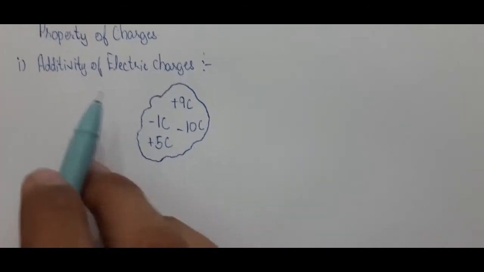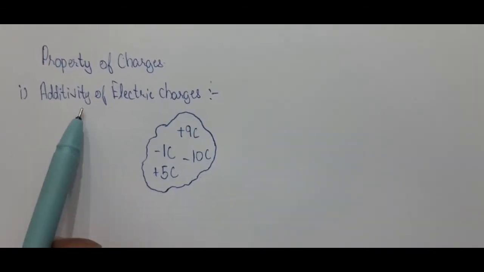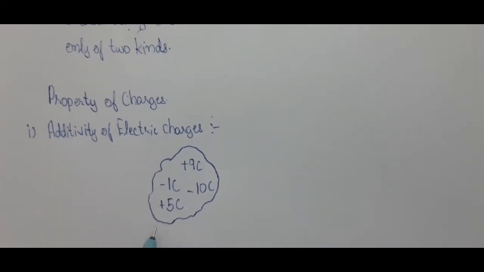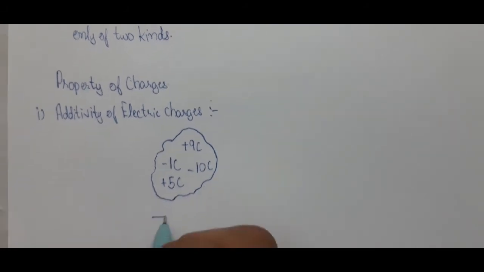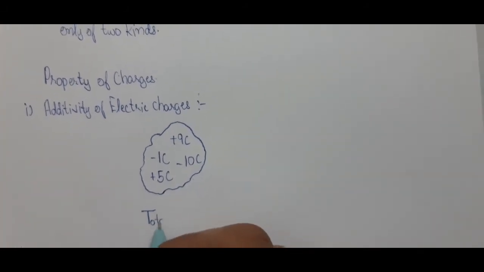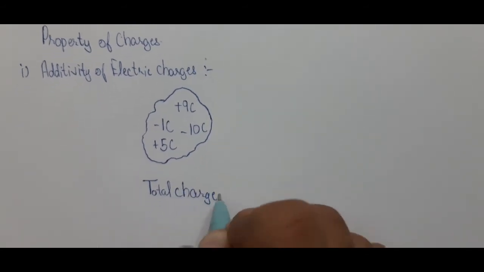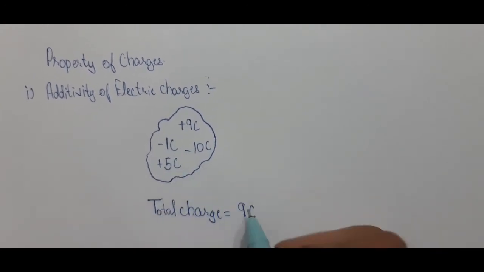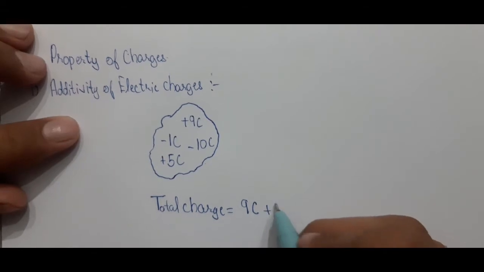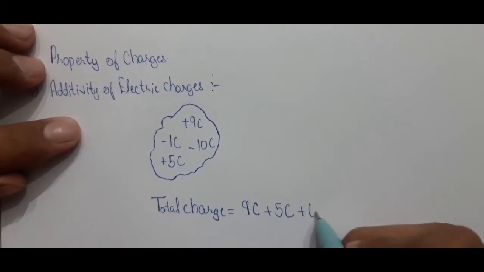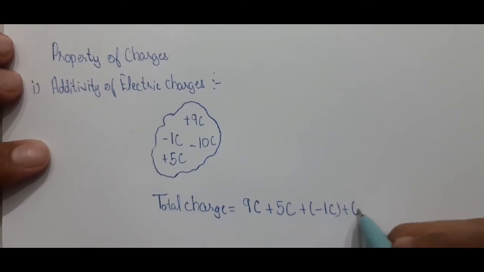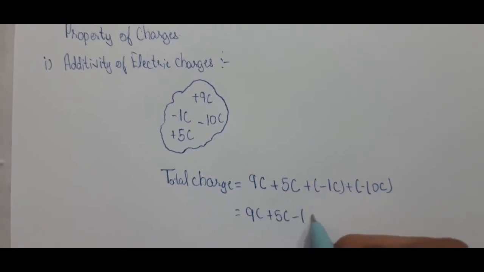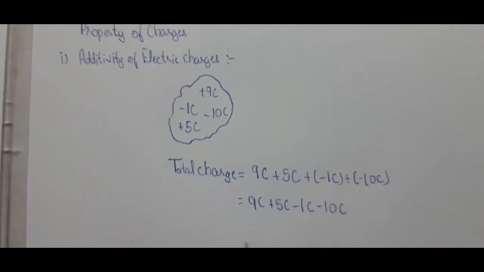So now what is the first property? Charges are always additive in nature, means they are always added with their signs. So the total charge on the body is adding all the charges: 9 coulomb plus 5 coulomb minus 1 coulomb and minus 10 coulomb.